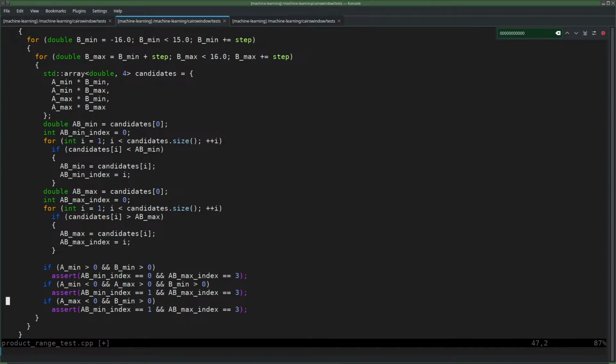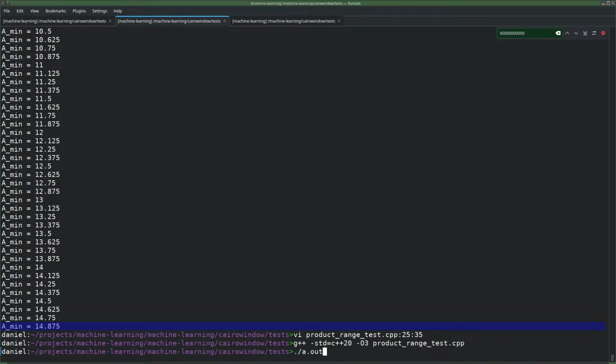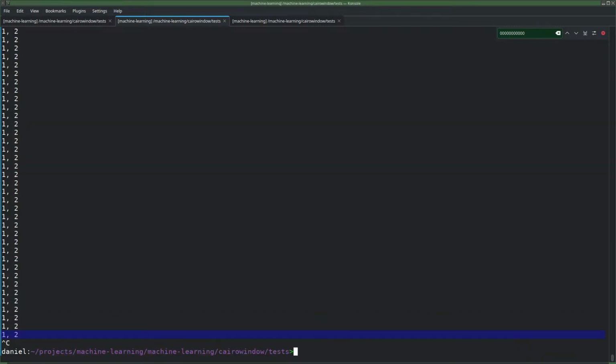So let's just not test it. And this is not going to be true. I'll have to print them again. That looks like 1, 2.